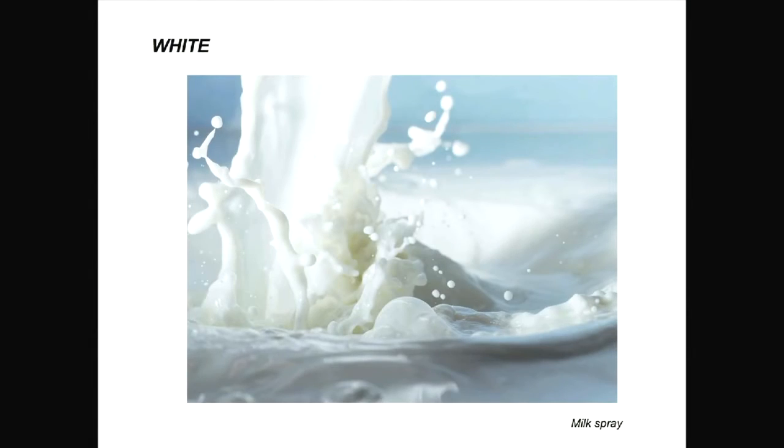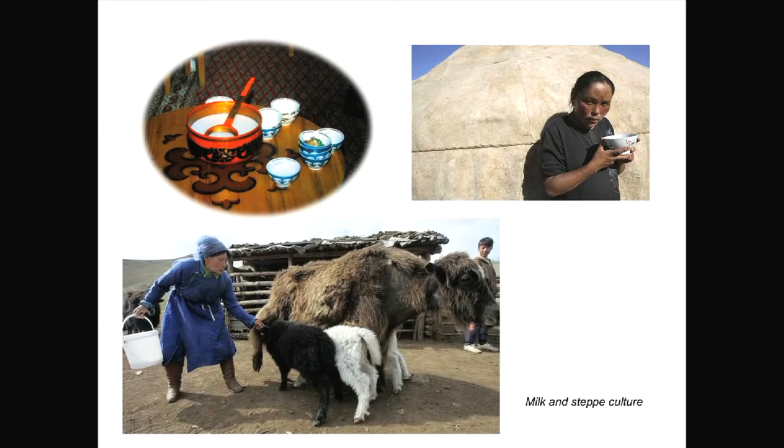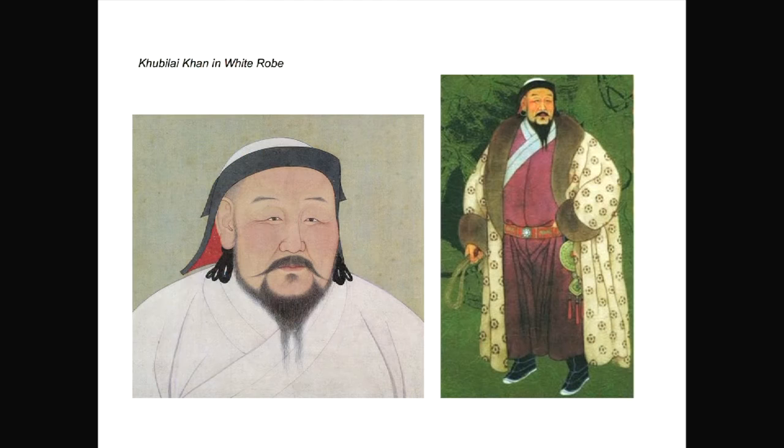White. The steppe culture where milk was the life source. So that's why you have the Yuan dynasty emperor Kublai Khan clad in white. Unusual.